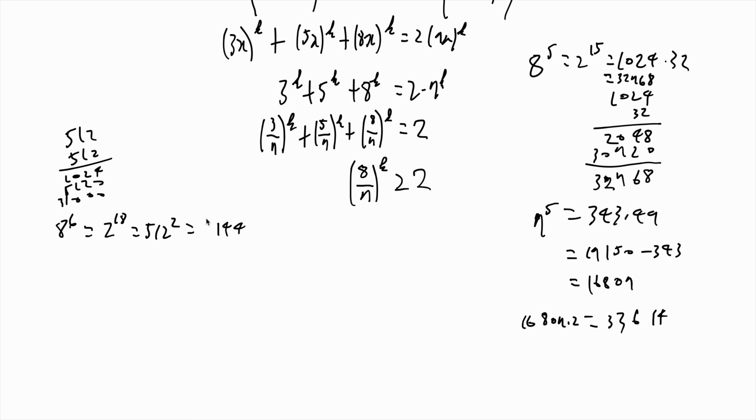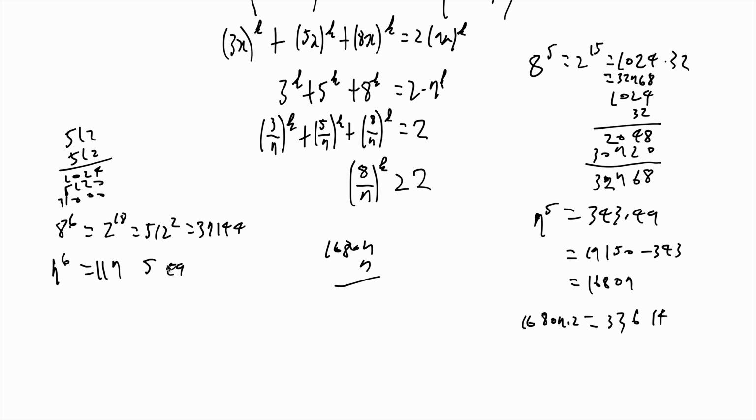Not sure if this is right though, but 7 to the power of 6. Just multiply by 7. We have 49, 5, 5, 42, 7, 4, 11. Let's multiply this by 3. Great. We know that this, when we multiply it by 2.